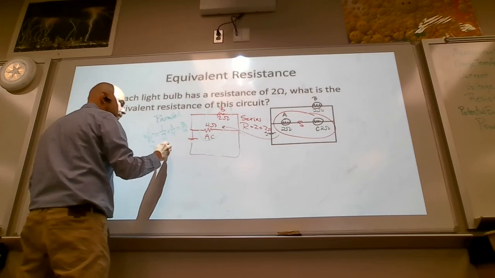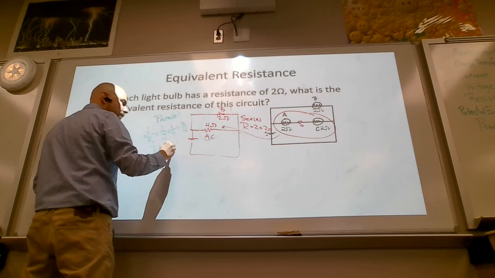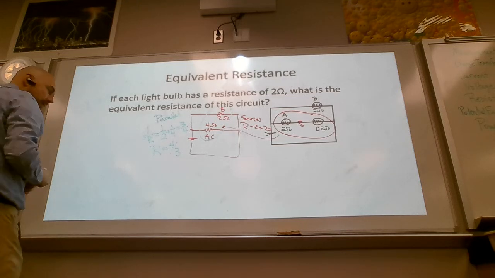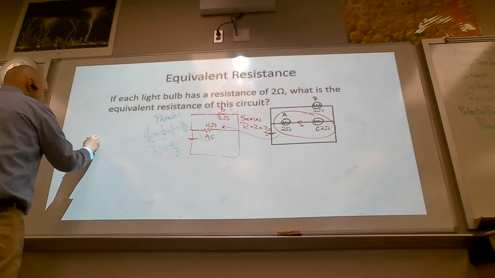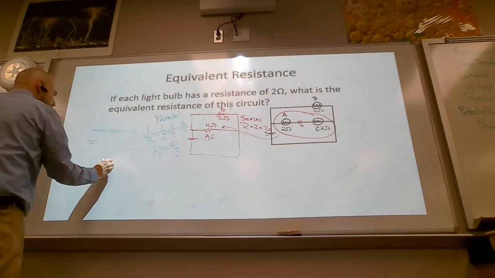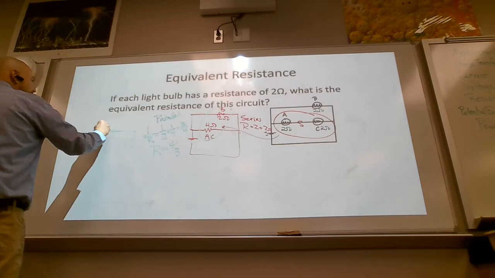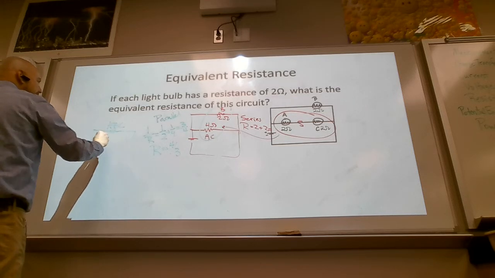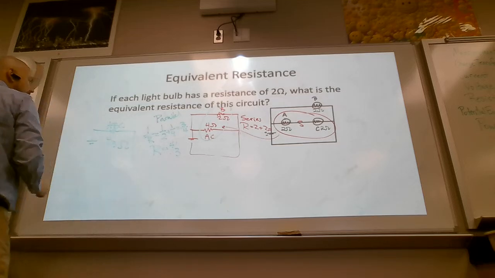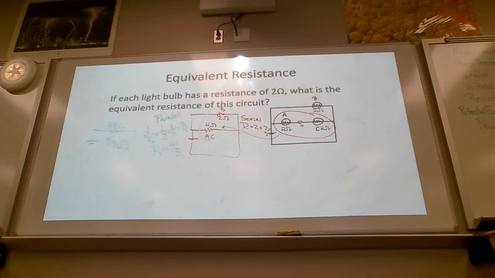Remember to find the reciprocal. So 4/3. Apologize, markers are dying. So ABC has 4/3 ohms. The equivalent resistance is 4/3. Good with that?